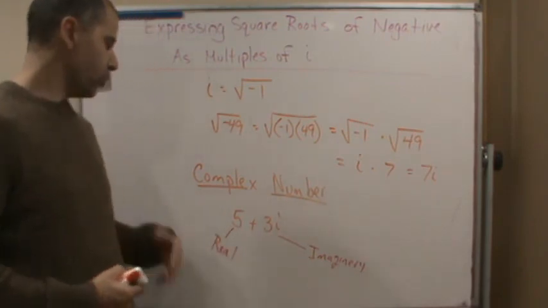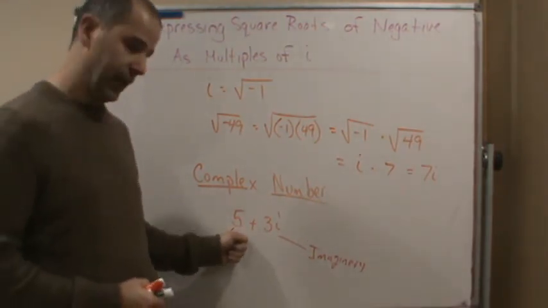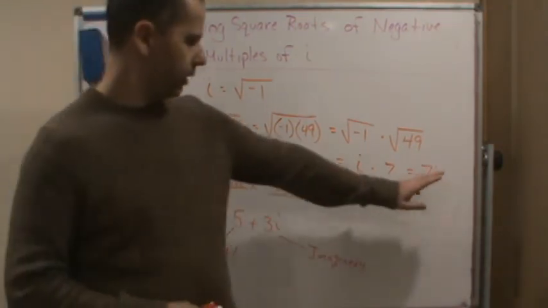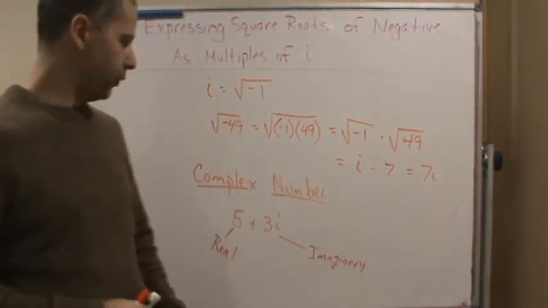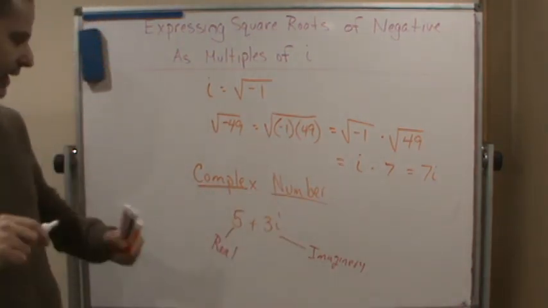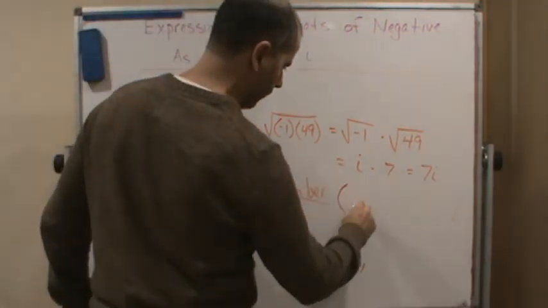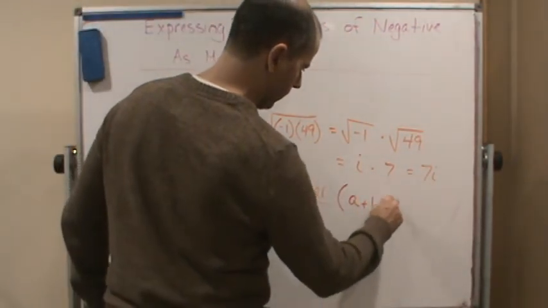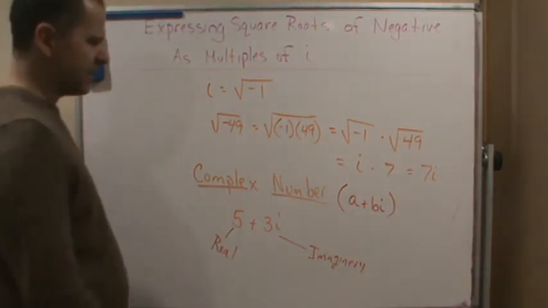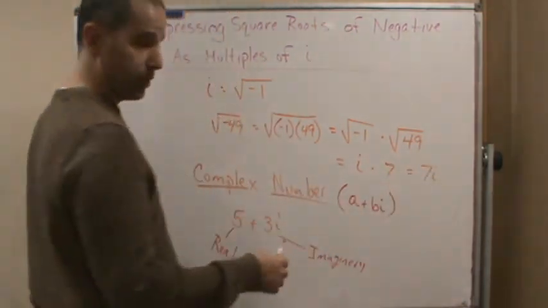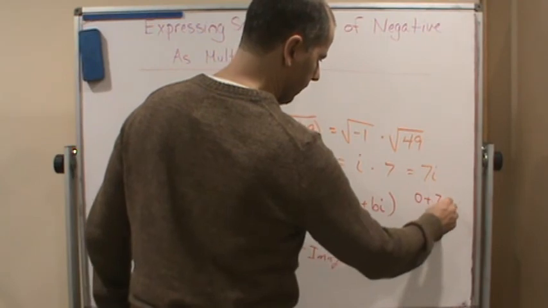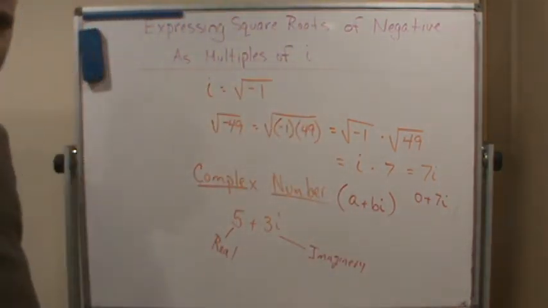Do all complex numbers have to have both a real and an imaginary part? No. For example, 7i doesn't have a real part. A complex number is any number that's written in the form a plus bi. So technically you would write this as 0 plus 7i, but we don't normally write that because the real part is 0.